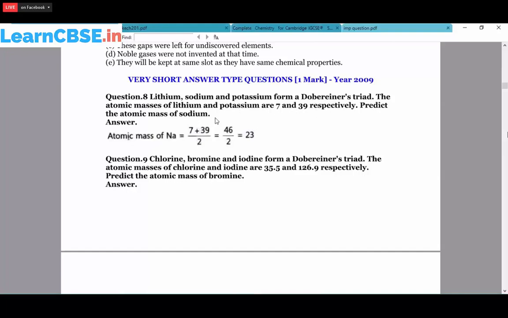According to Dobereiner, lithium is present before sodium and potassium after it, so he took the average of these two. 7 plus 39 divided by 2, so 46 divided by 2 gives 23. So 23 is the atomic mass of sodium.